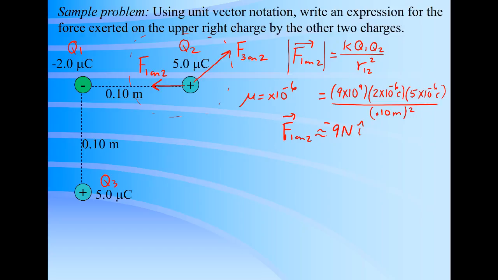We do a similar calculation for the magnitude of the force of 3 on 2, and that's going to be equal to k Q3 Q2 over r32 squared. So r32 is the distance between 3 and 2. And when we do this, take a moment to plug it into your calculator.